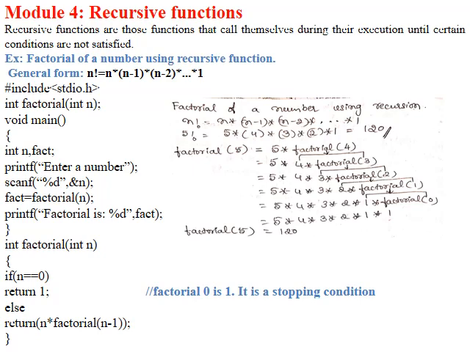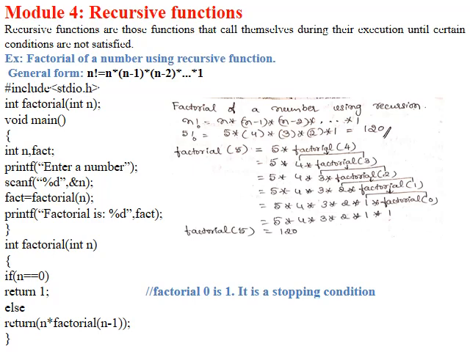Now here, the factorial of a number using recursion. The example is shown here. The formula for n factorial is n into n minus 1 into n minus 2, and so on up to 1. For example, 5 factorial is represented as 5 into 4 into 3 into 2 into 1. We have declared a function here by the name factorial.